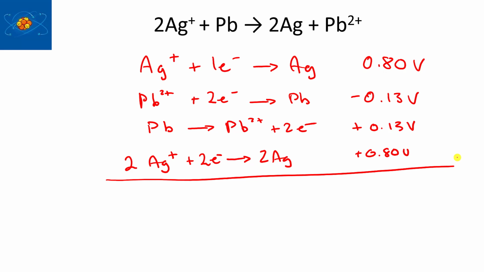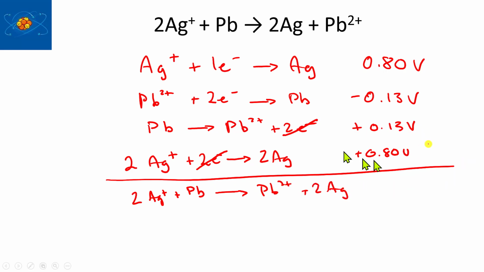And so it's going to be 2Ag plus plus lead. The electrons will cancel, and then it'll be Pb2 plus and 2Ag solid, right? So that voltage, when I add those together, is 0.93 volts. All I do is add these two values together, okay?